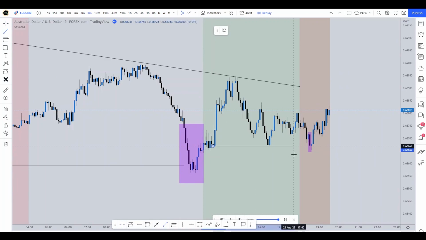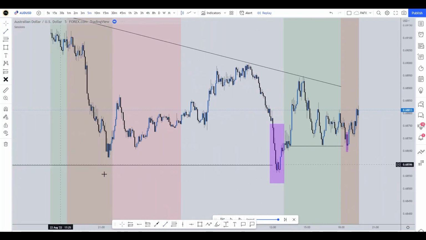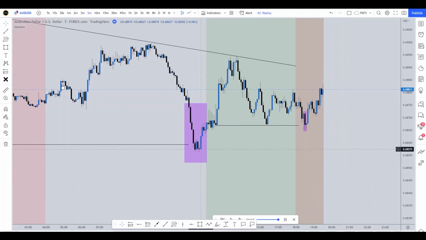And as you can notice, price took out this equal low at pre-London, which is very effective while manipulating.